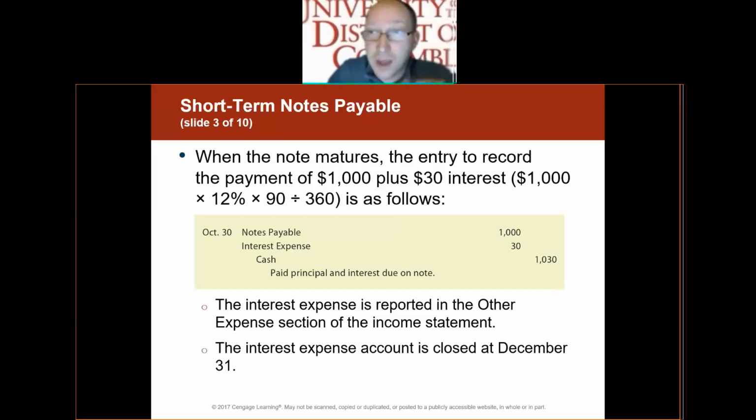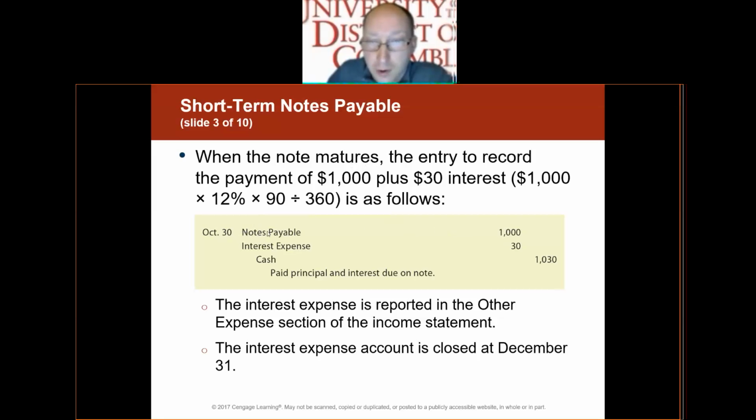Because there are 5 bank holidays in a given year. So, first we do 90 divided by 360. Then we do 1,000 times 12%. And then we do whatever that is times 90 divided by 360, which gets us to $30. So remember, order of operations, do division before you do multiplication. So we do all that to get $30.